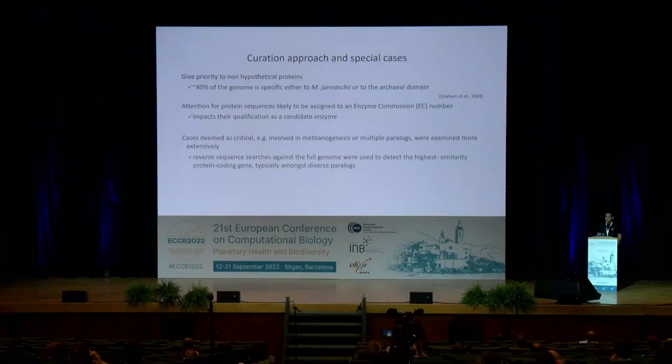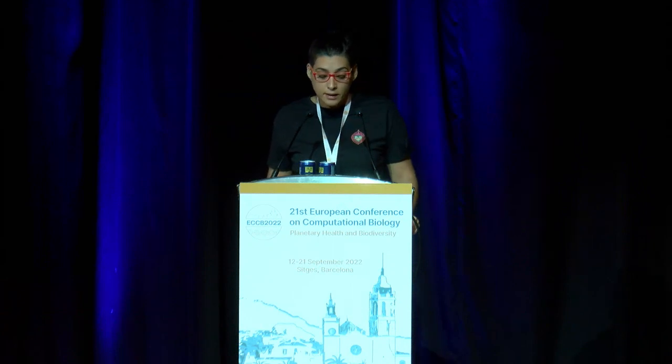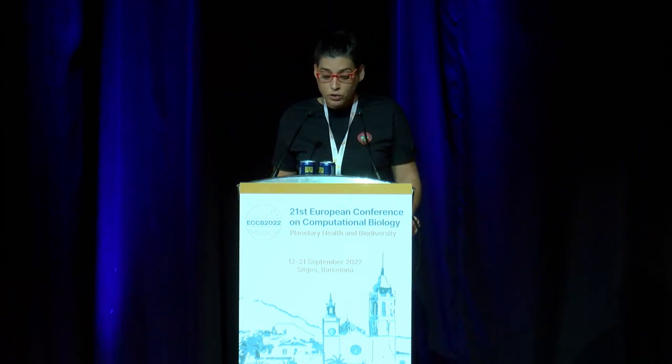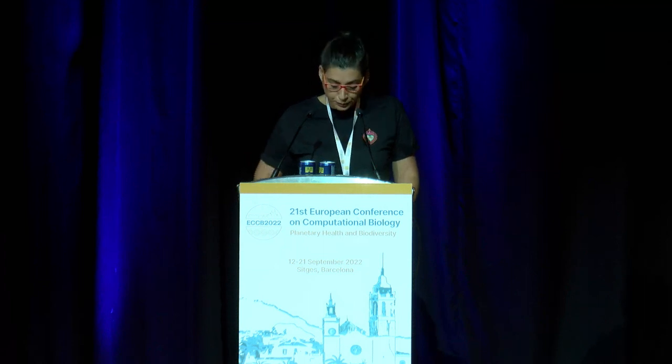We had reverse sequence search against the full genome, so as to detect the highest similarity protein coding gene in the case of multiple paralogs. And in the case of methanogenesis enzymes, we utilized annotations from other databases to find clues.